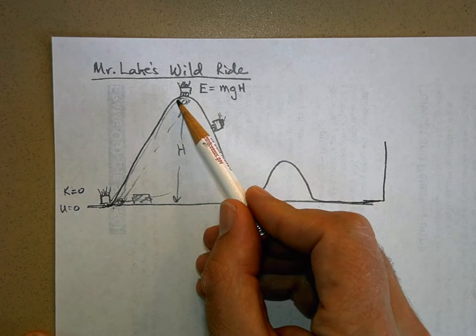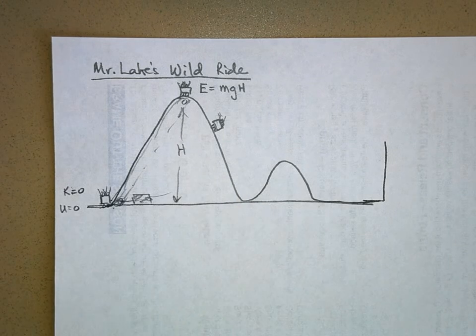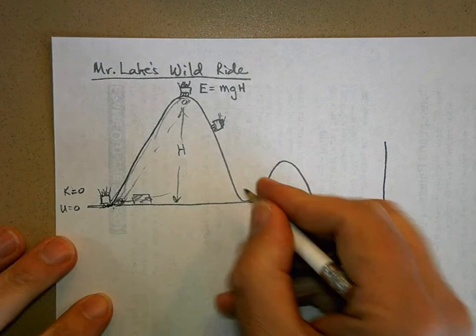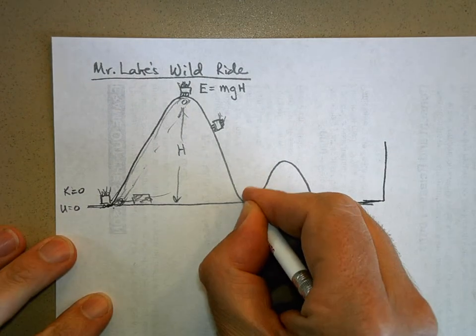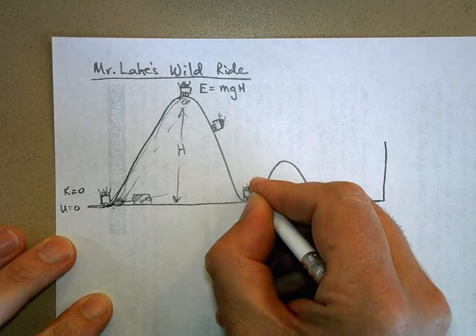Now this is a curved track. I drew it pretty straight. I should have made it all curvy, because what matters here is that the only force doing work is gravity, and therefore mechanical energy in this situation is conserved. And so I can say, well, what kind of mechanical energy do they have down here at the very bottom?